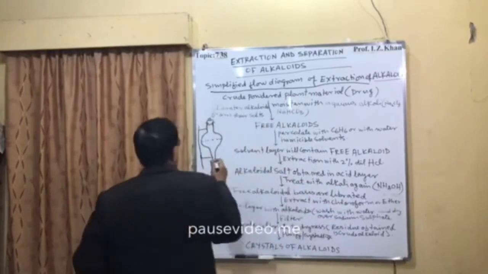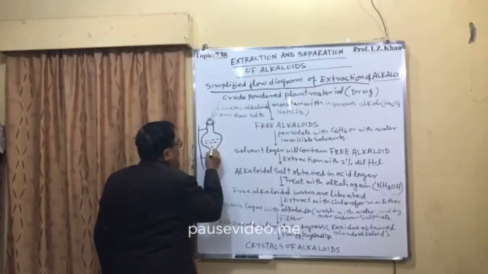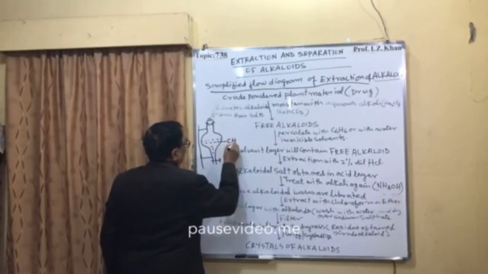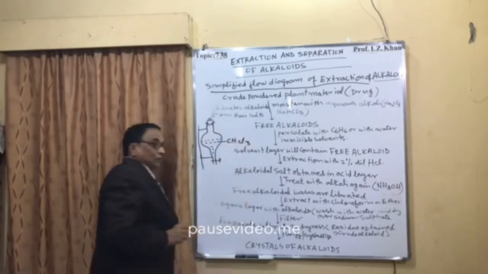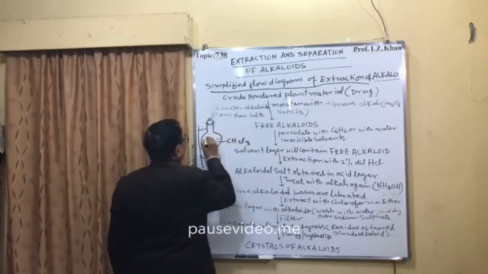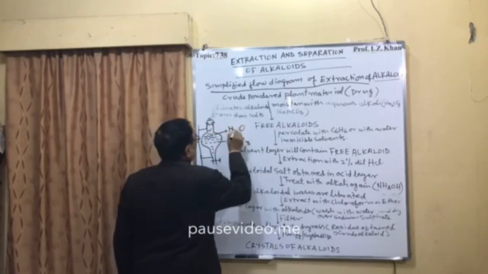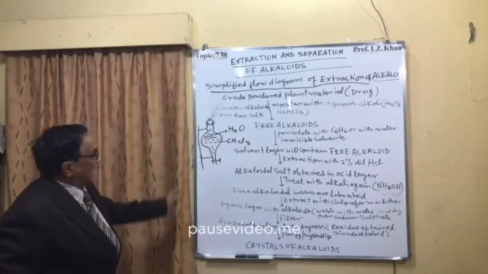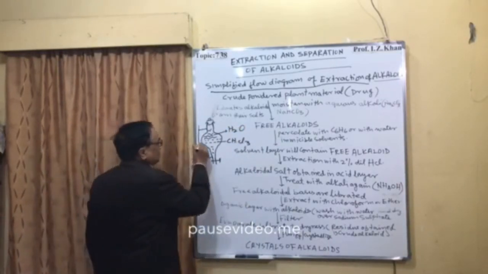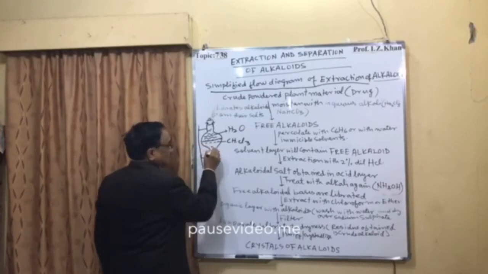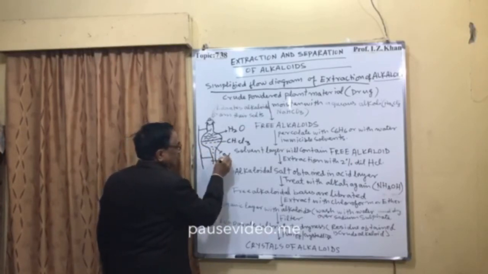So this layer is your chloroform layer and this layer will be your H2O water layer, and this one which is separated contains the alkaloid.